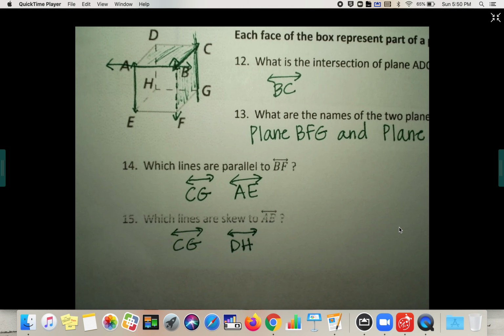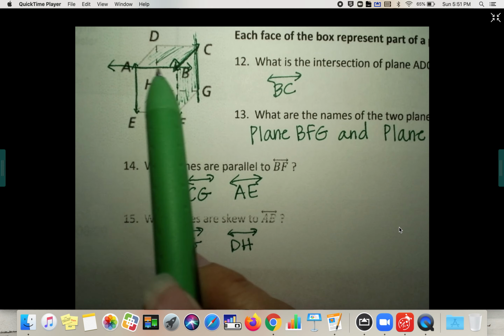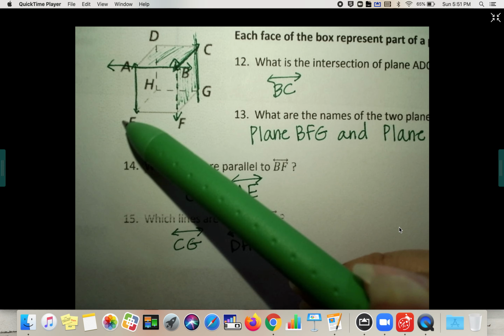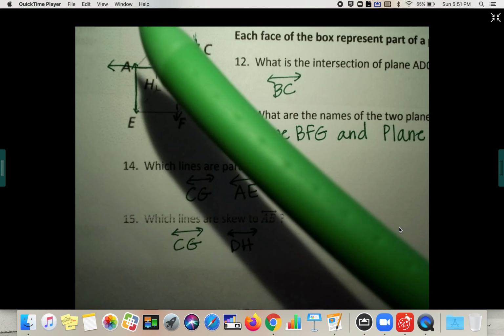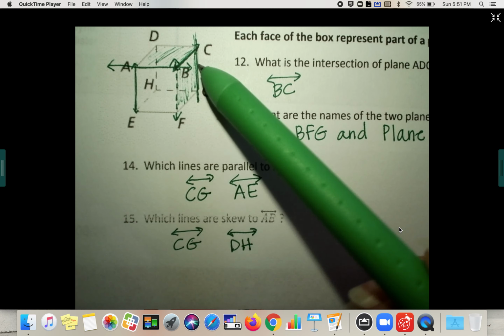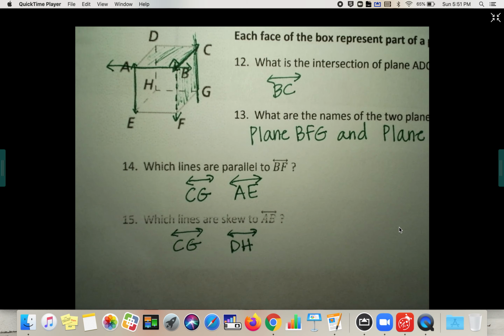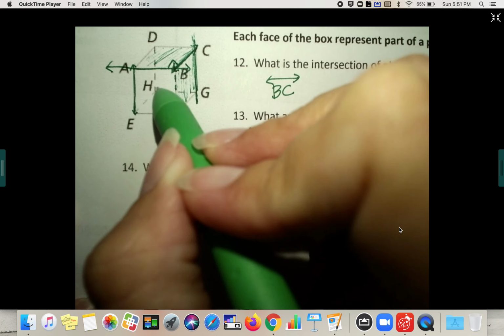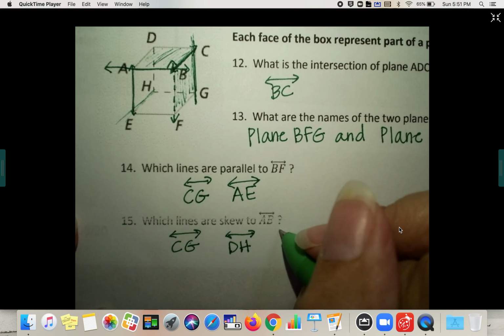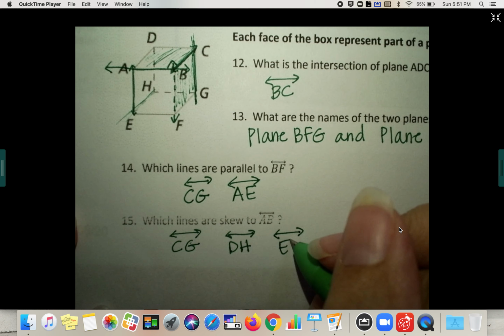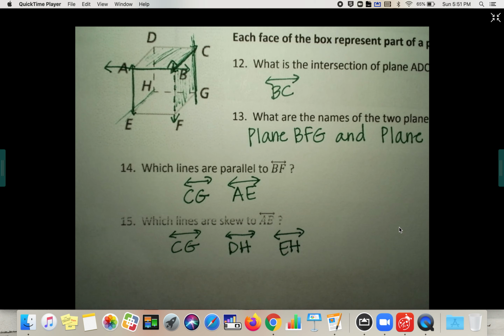Let's see, there's some more. How about, what do you guys think about EH, line EH? It's actually going horizontally as well. This one is horizontal and this one is horizontal, but they're going in different directions and they will never intersect. So actually, EH is also skew to line AB.